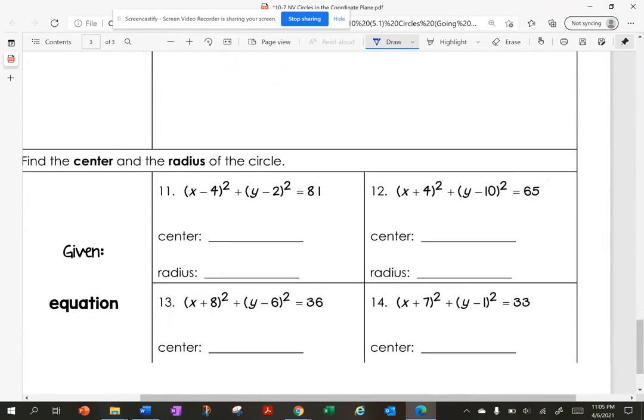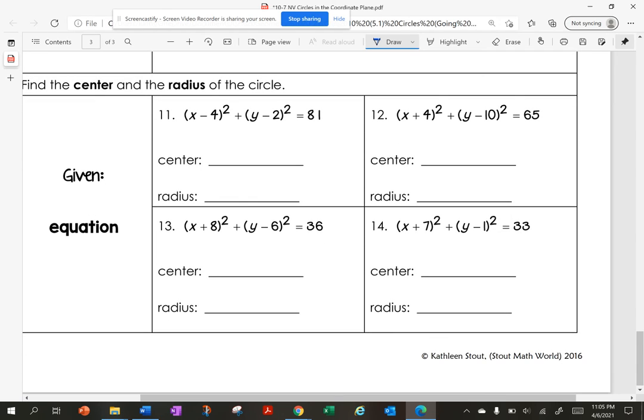So last combination here, I'm going to give you the equation and ask you for the center and the radius. Okay, so the center here is going to be at (4, 2). And the radius is the square root of 81, which is 9. Okay, so here I am plus 4, so I know h is -4. And here I'm -10, so I know k is 10.